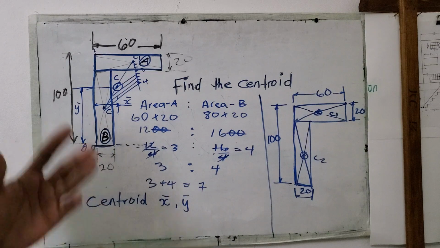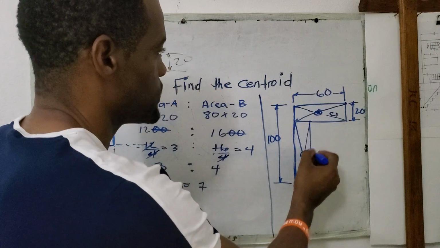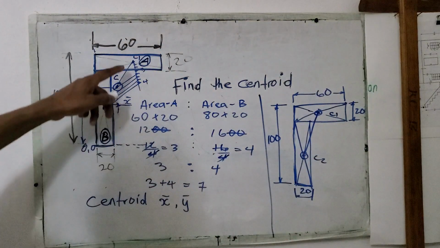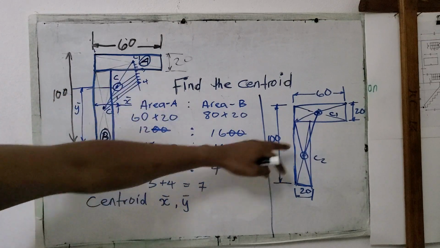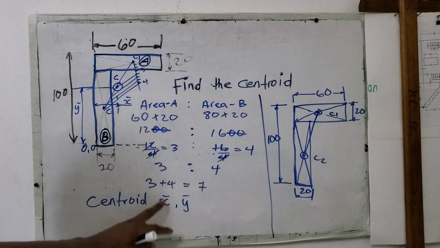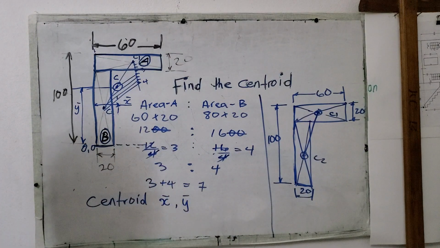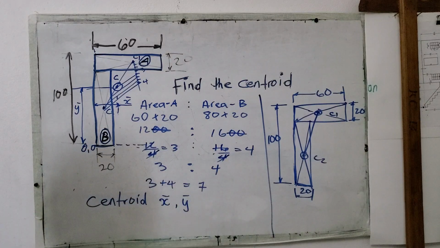Now, the next step is to join both centroids. So we join from here to here, which we did here, and divide the space into the ratio, which works out to be 7. So the next step is to add 4 plus 3, which gives us 7.